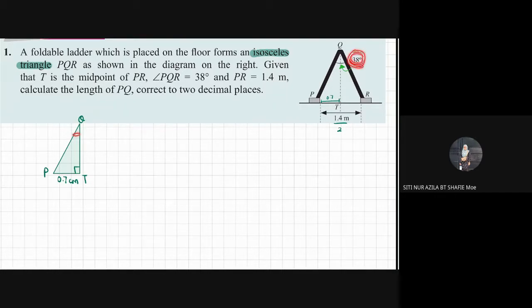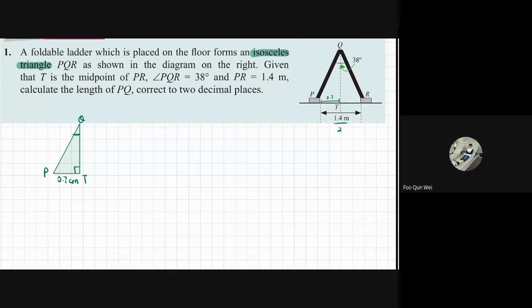Divide 38 by 2. Teacher Jaslyn already said it in the chat box. Okay, thank you, Jaslyn. So we have 90 degree.